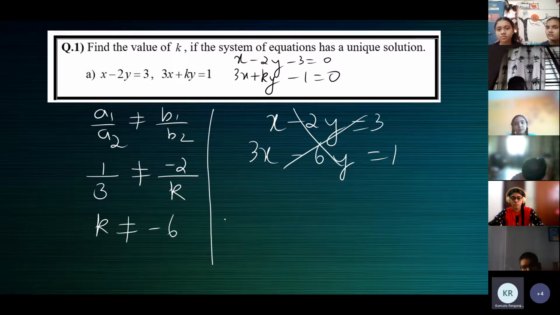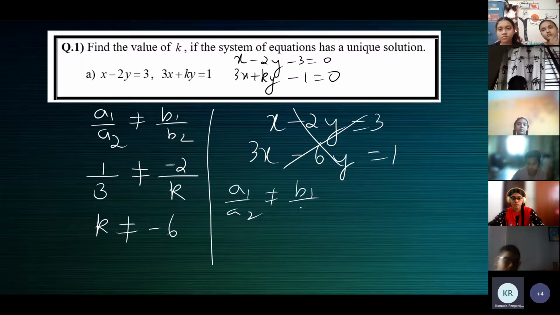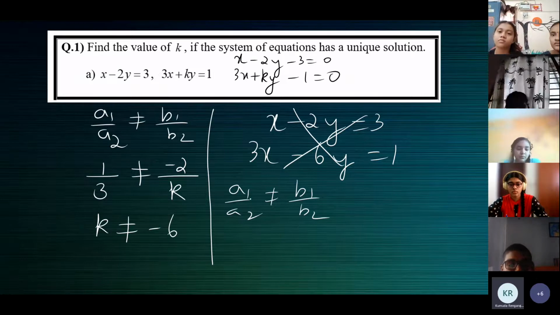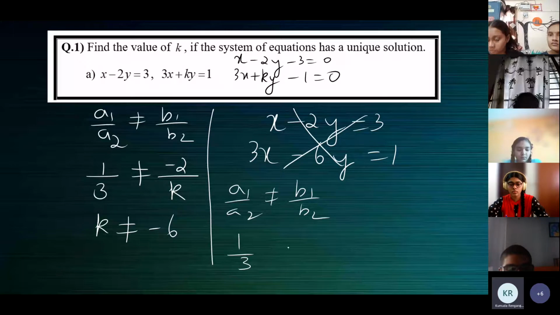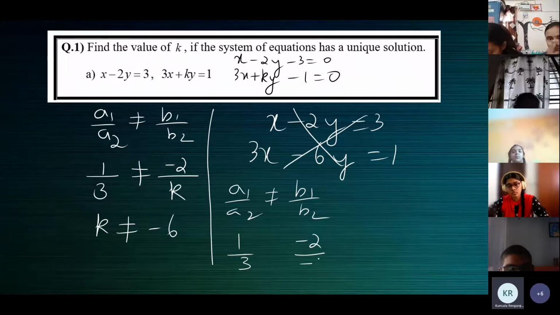Now, for example, children, it is simple to understand because a1 by a2 should not be equal to b1 by b2, correct? So when a1 by a2 is 1 by 3 and b1 is minus 2, only when b2 is minus 6 will it be equal to 1 by 3.